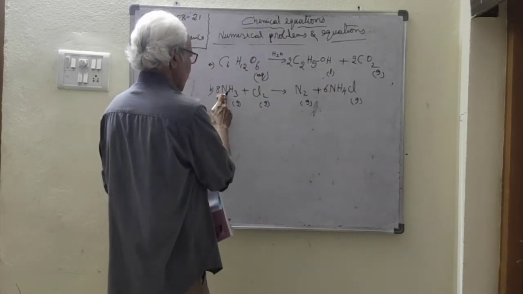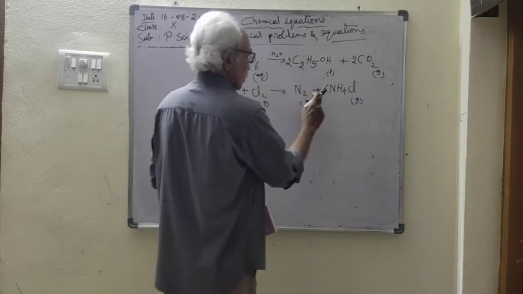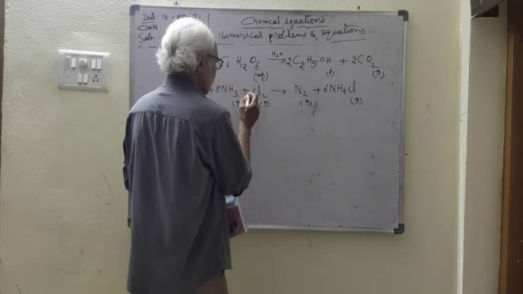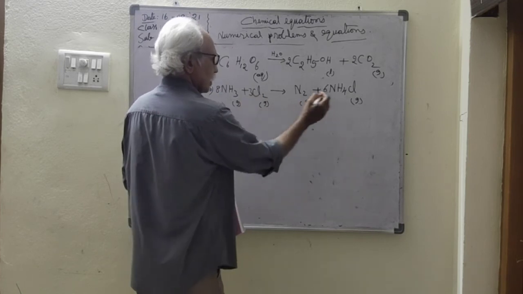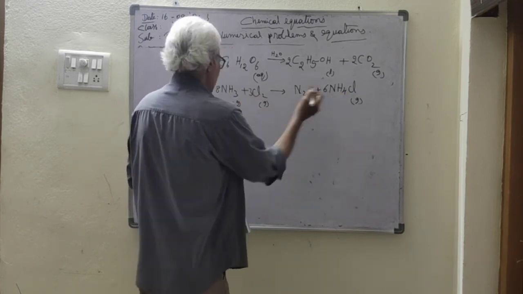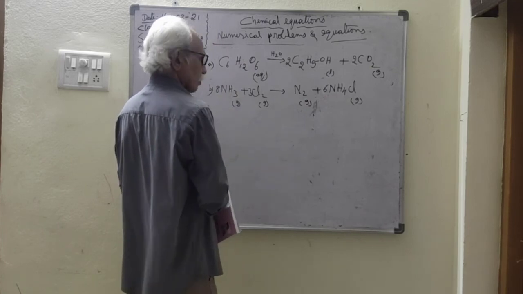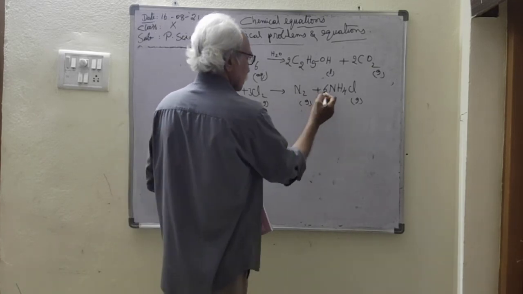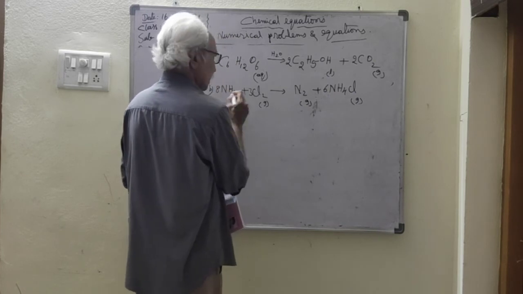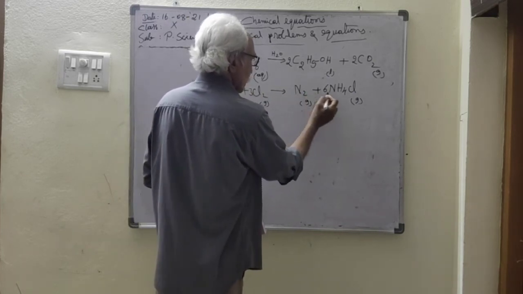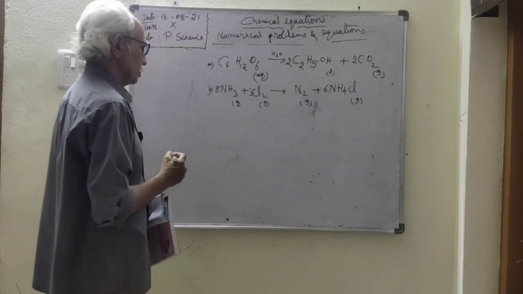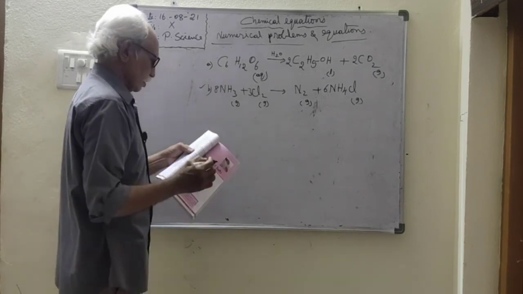So 8 NH3 and Cl. Now chlorine is 6, here chlorine is 2, multiply by 3. So chlorine is balanced, hydrogen is balanced. 4 sixes are 24, 3 eights are 24, balanced. Now you come to nitrogen. Nitrogen is 8, here nitrogen is 6, here is 2, total it is balanced. So this is the balanced equation.